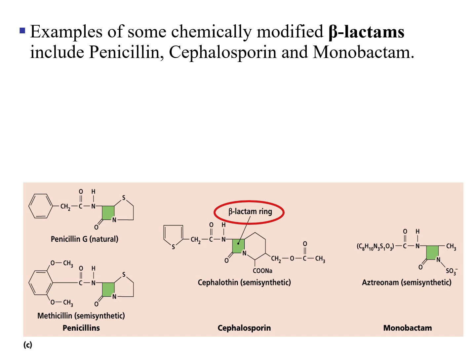In this slide, we're looking at several examples of beta-lactams and chemically altered versions of them. The natural beta-lactam is penicillin G, and the others in the picture are modified versions, such as methicillin, which is a semi-synthetic.